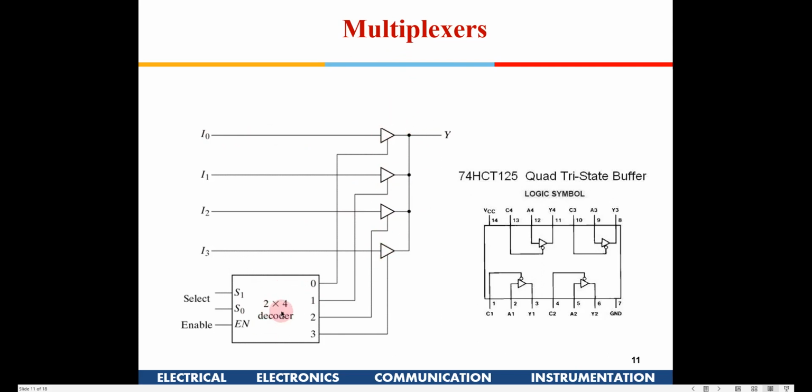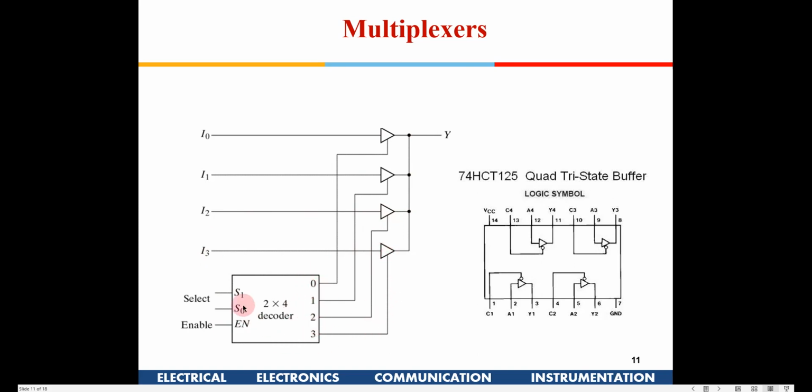So these are the select lines. If I give 0 1, I'll have this particular line going high and this tri-state buffer will be switched on, so I have I1 coming to the output. Similarly, if I give 1 0 here, this buffer will be enabled, so I2 will get connected here, and similarly if I have 1 1, this tri-state buffer will be enabled from the decoder.